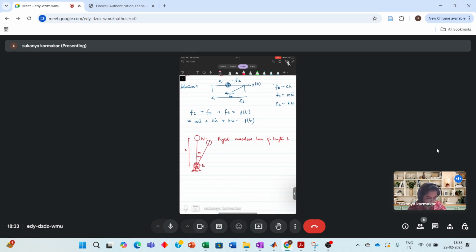Assume small deflections and neglect the rotational inertia of the weight, and first write down the equation of motion.